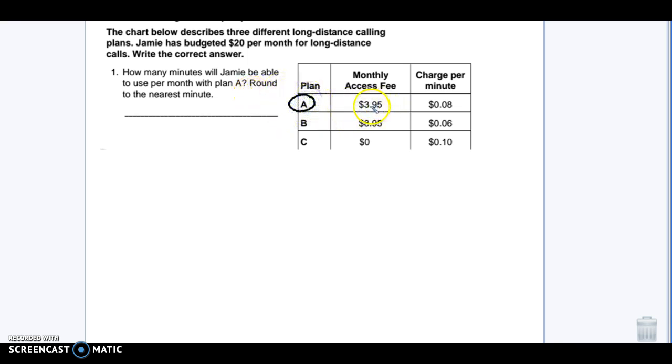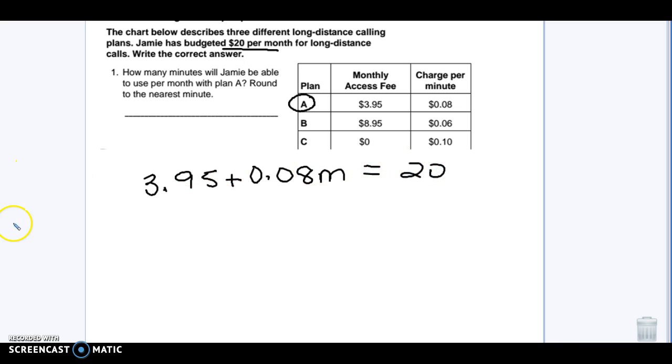So plan A is $3.95 a month plus they're charging you 8 cents per minute. We do not know how many minutes she's going to use, and she's planning on spending only $20. M here is for the number of minutes.